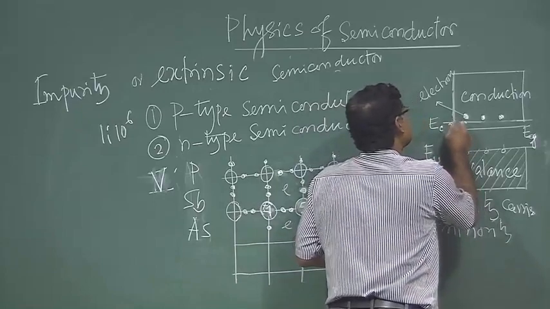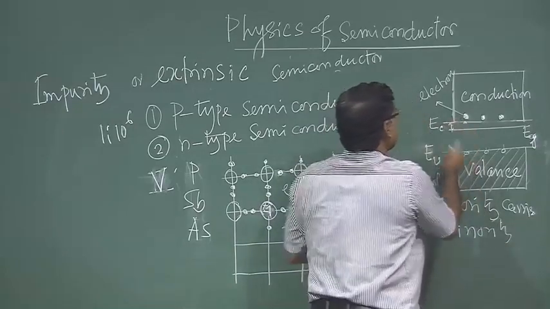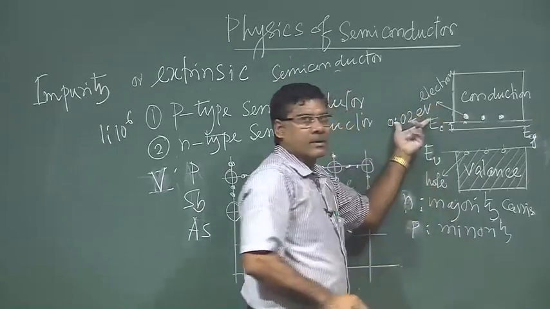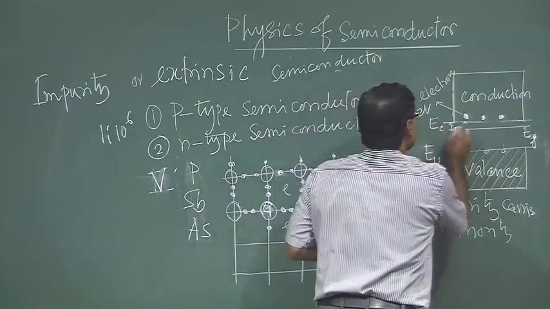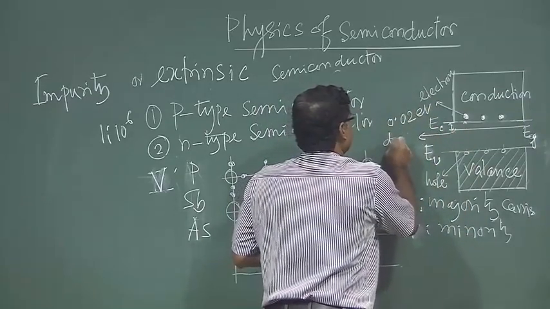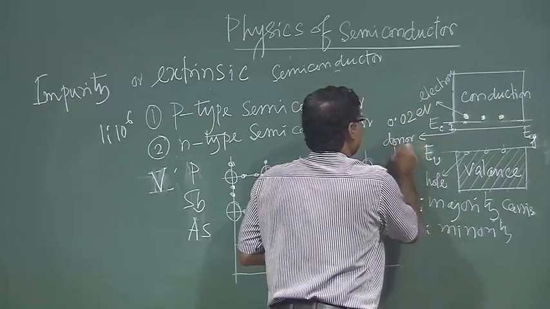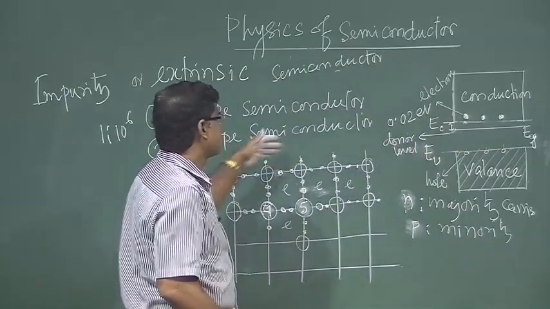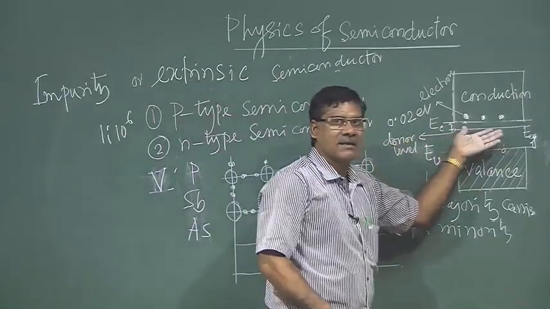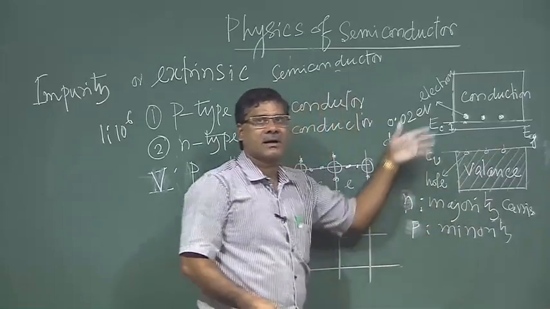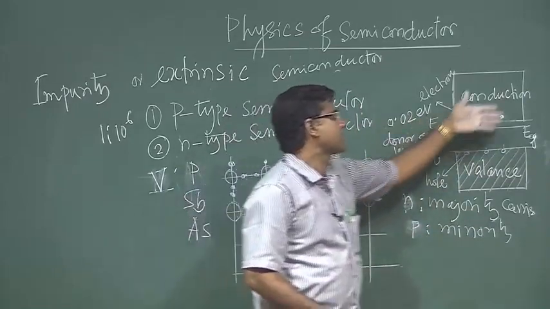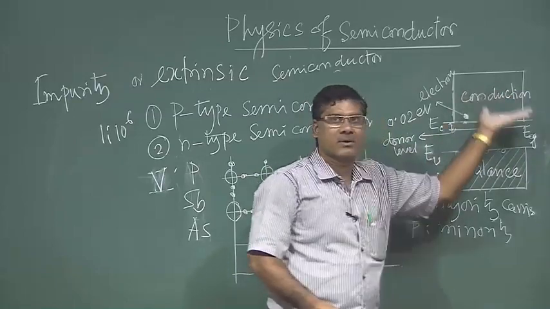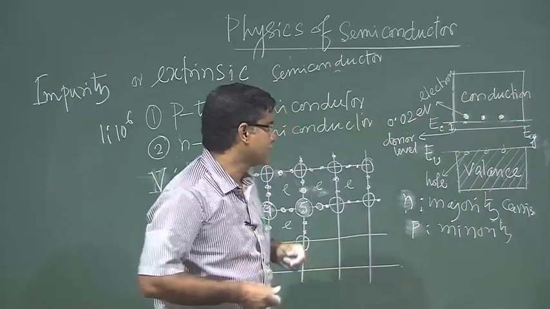In case of silicon, this difference is very small, in the range of 0.02 electron volt. This is called the donor level, for n type semiconductor. This level donates electrons to the conduction band of the silicon, giving conduction electrons to the system.